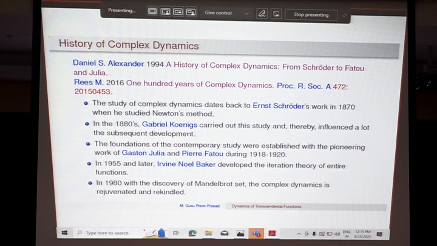In between, the discovery of the Mandelbrot set, with its beautiful graphics related to this dynamical system, kindled the interest again. If you want to see the history, you can see these two articles, where you can find the history of complex dynamics.